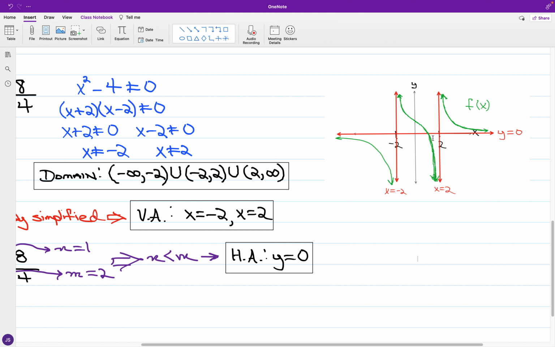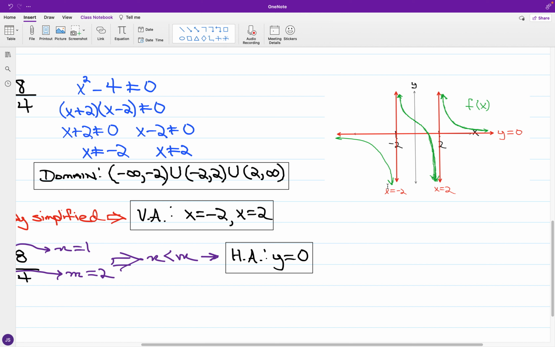And once again, the x-axis, or y equals 0, is going to be the horizontal asymptote. And again, this function f of x is split up into three sections, and the middle section crosses the horizontal asymptote. But again, this graph, or any rational function graph, is not going to come into contact with any vertical asymptote.